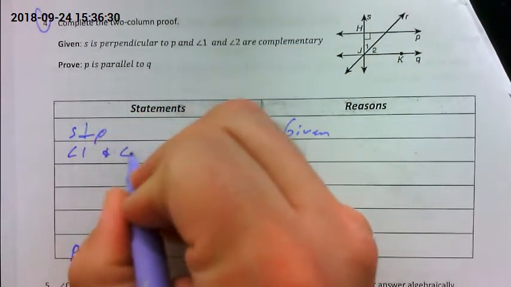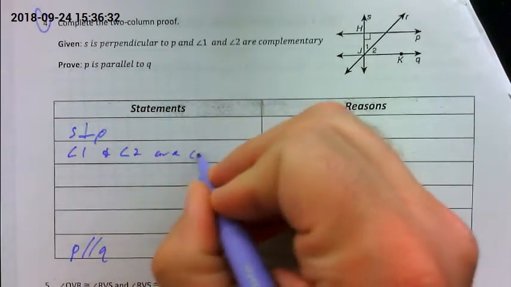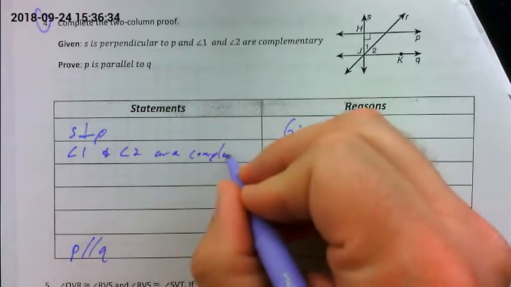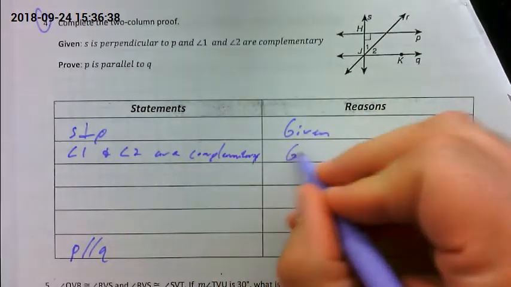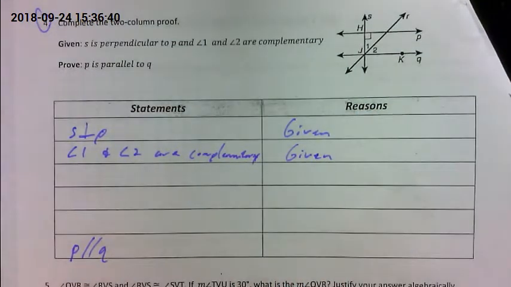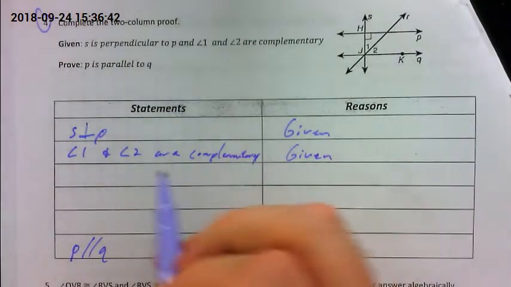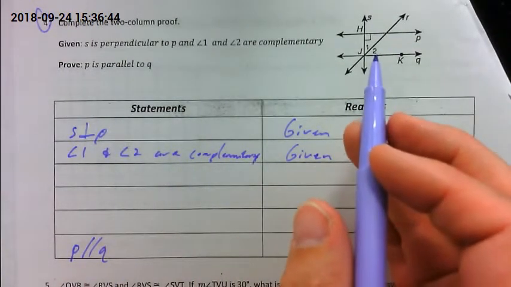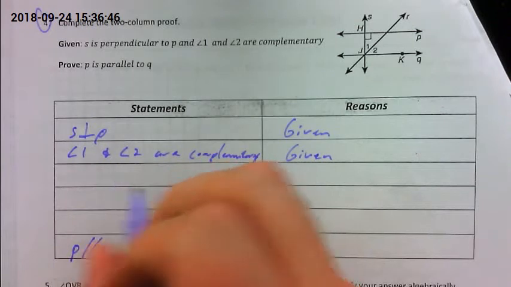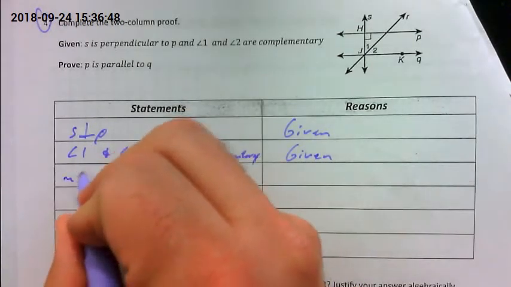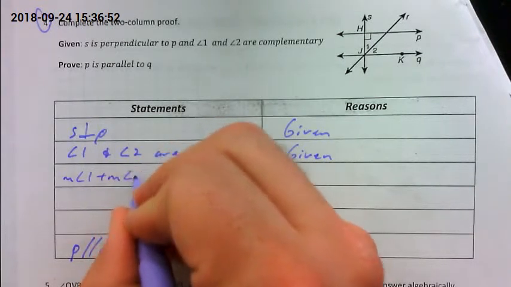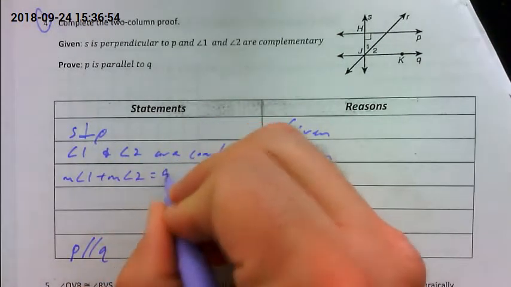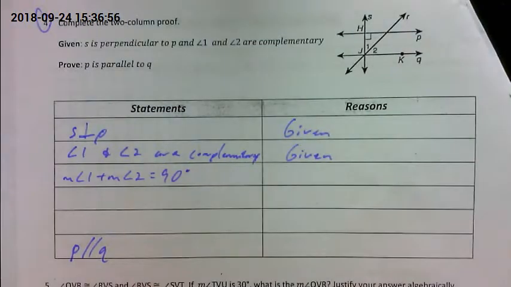Angle 1 and angle 2 are complementary. That is given. Now, since those two are complementary, we could say that, I don't know how specific she got here, so measure angle 1 plus measure angle 2 equals 90, right?